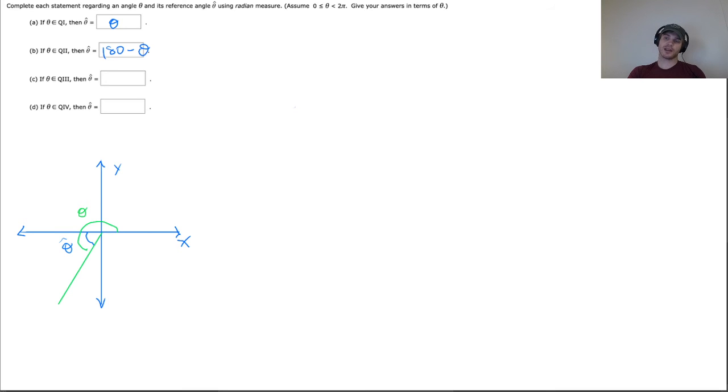We can say that theta minus theta hat equals 180. So how can we solve for theta hat?